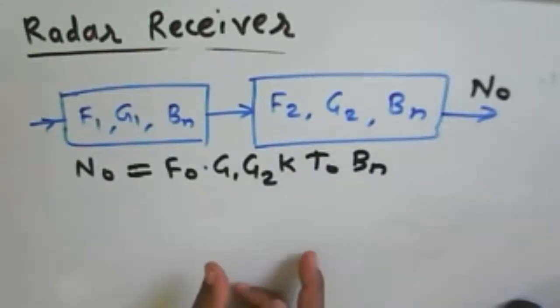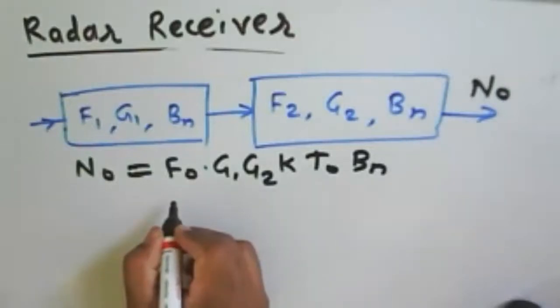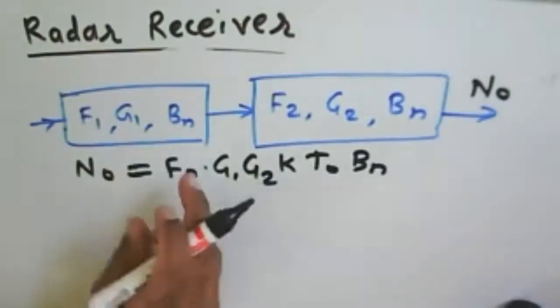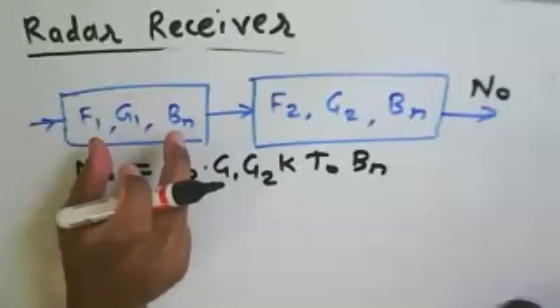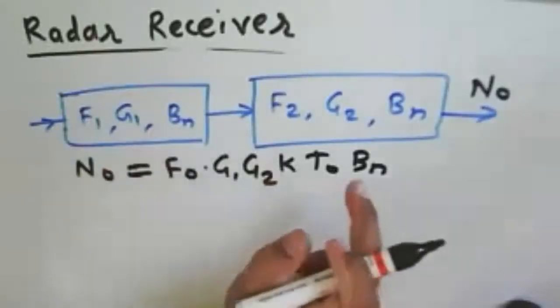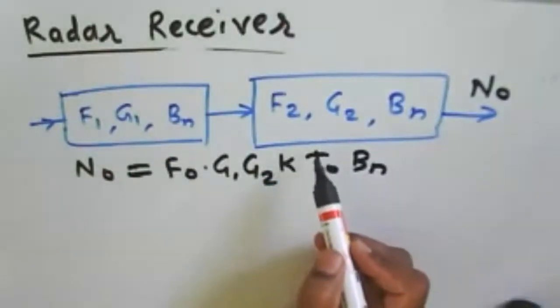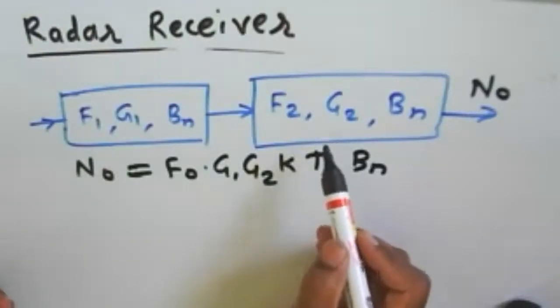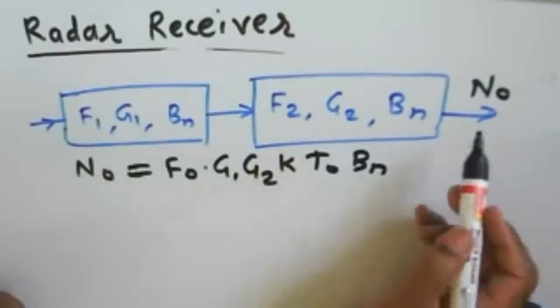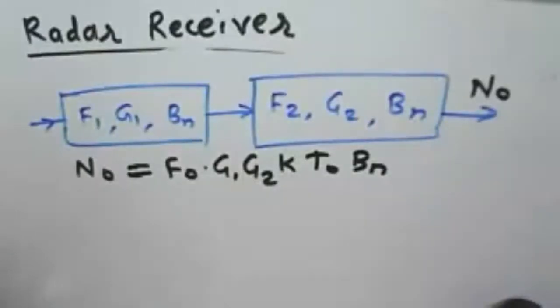If we simplify it, this consists of the noise from network 1 at the output of network 2, and then the noise introduced by network 2, and so we get the total noise of the network.